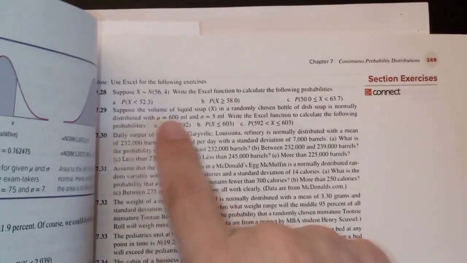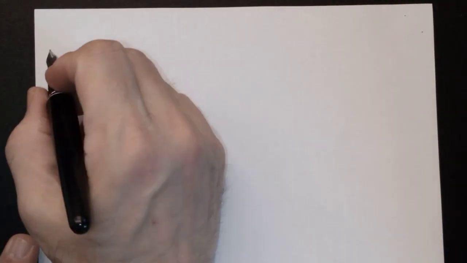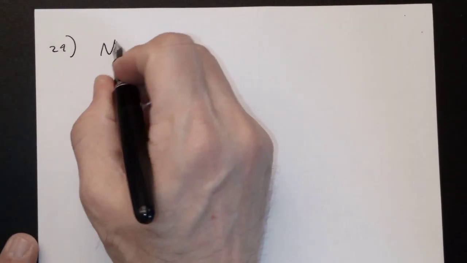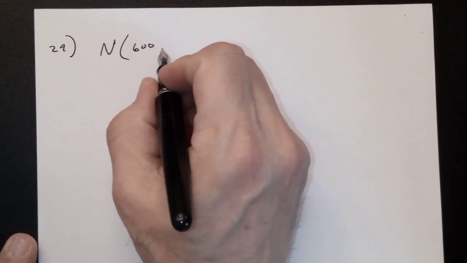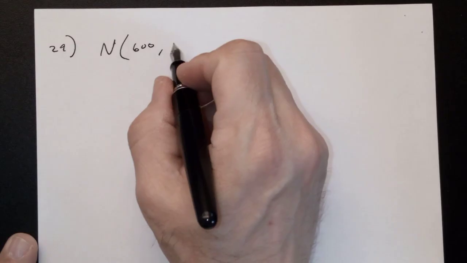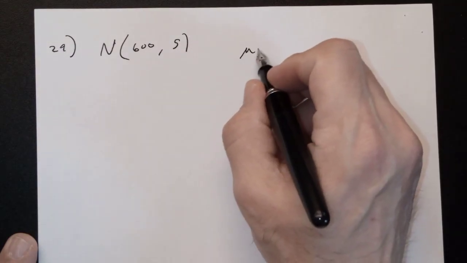I'm going to pull a situation out of the textbook. Problem number 29, page 249, says we're going to choose a bottle of liquid soap. And we are told that the liquid soap is normally distributed with an average of 600 milliliters and a standard deviation of 5.